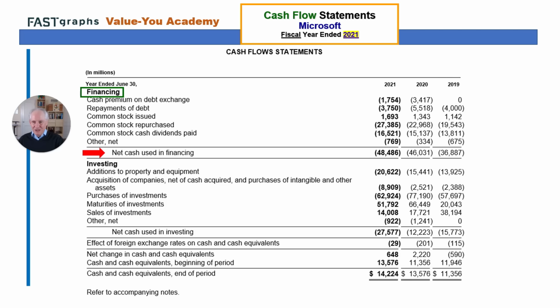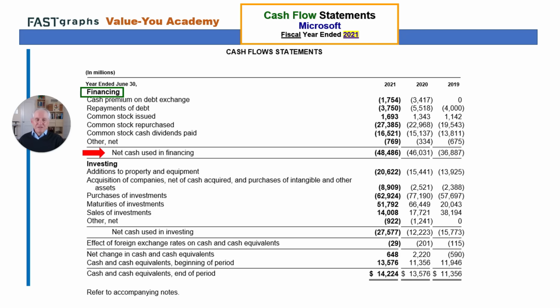So we spent 48.5 billion rounded up. Under investing, they spent a lot too for additions to property and equipment. They bought 20.6 billion of CapEx. Acquisitions, mergers and acquisitions, another 8.9. Purchases of investments, this is interesting. They went out and bought a lot of stocks and bonds, 62 or 63 rounded up billion in investments.